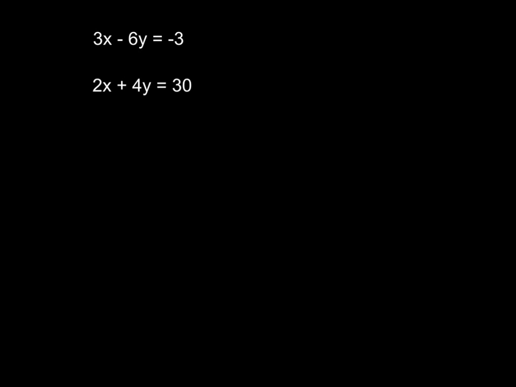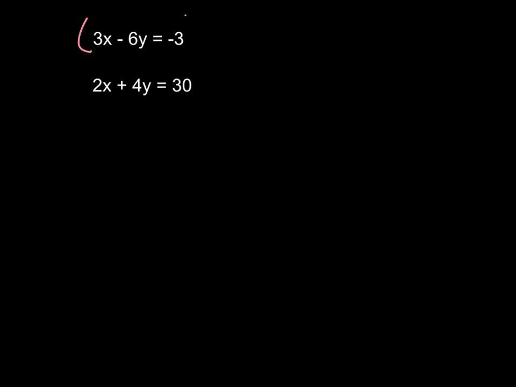So here's another example of elimination. This time when I look at the numbers in front of each variable, I don't see one that has a 1 in front of it. So in this case, there's not one that's necessarily easier than the other one. So I'm going to cancel out the x's. I have positive 3x and positive 2x here. I know 3 and 2 both go into 6.